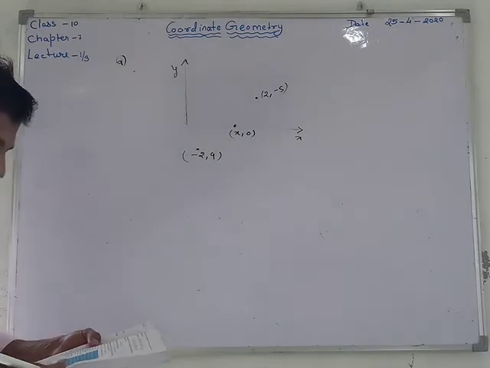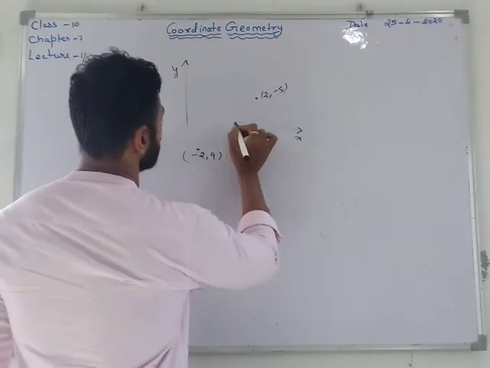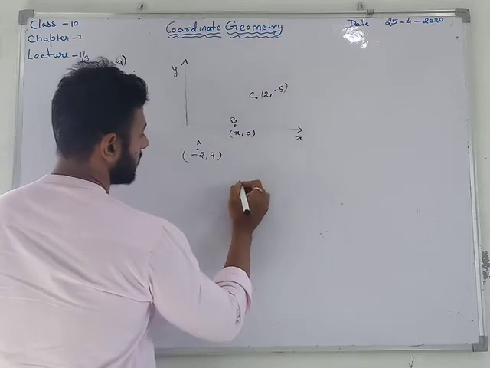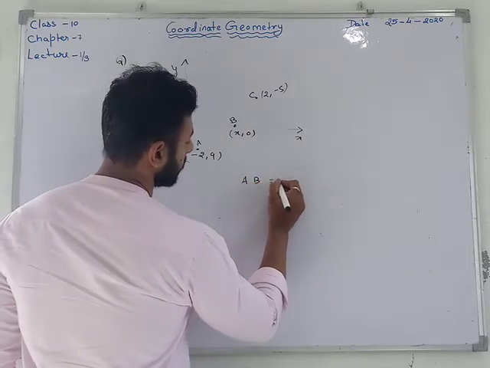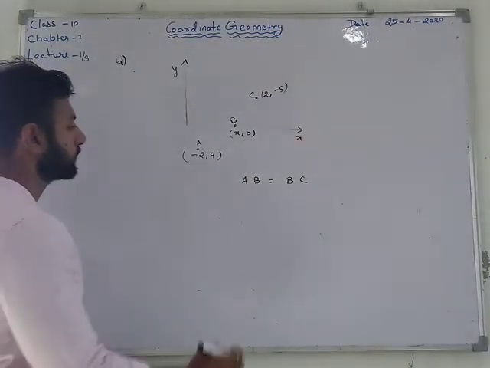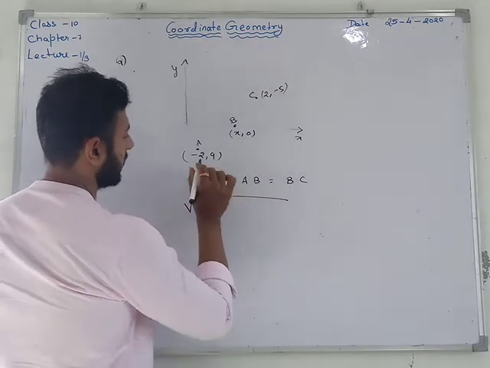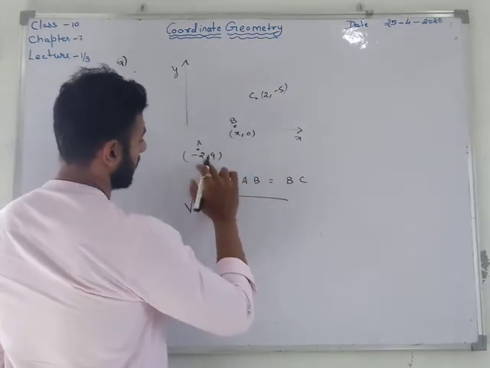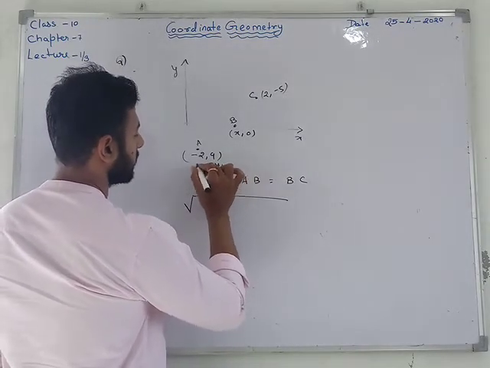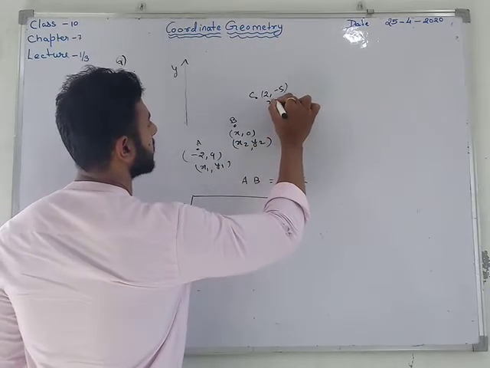Now one more condition is given: find the point on the x-axis which is equidistant from these two points. Let these points be A, B, C, meaning AB is equal to BC, equidistant from each other. Now applying the distance formula, this is x1, y1, x2, y2, x3, y3.